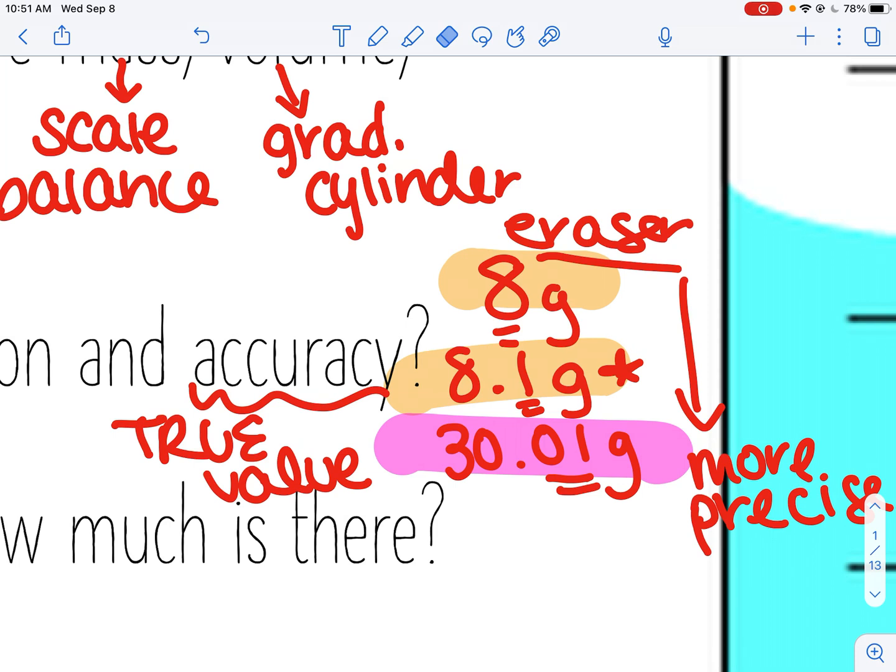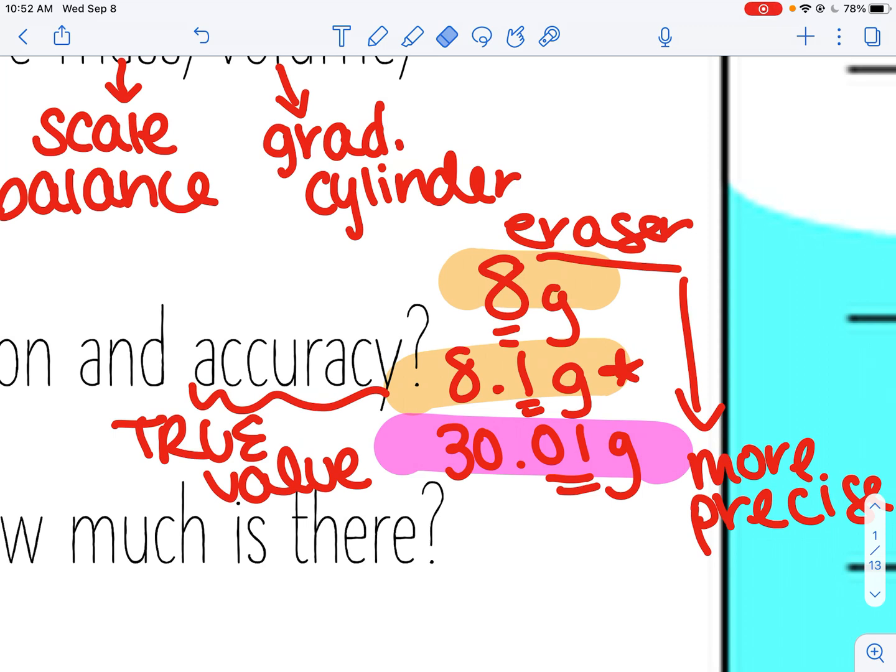The first one read 8 grams, the second read 8.1, and the third one read 30.01. The first scale only went to the whole value, the ones place. The second scale went to the tenths place, and the third scale went to the hundredths place.